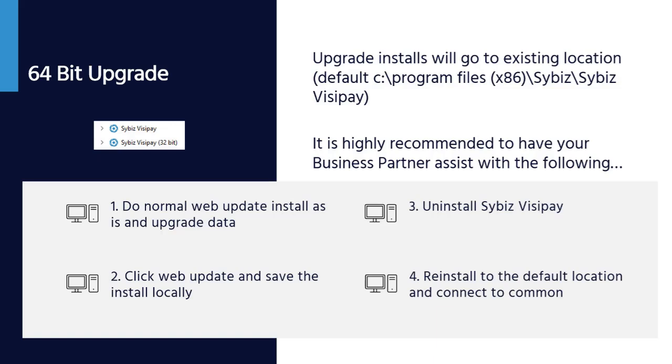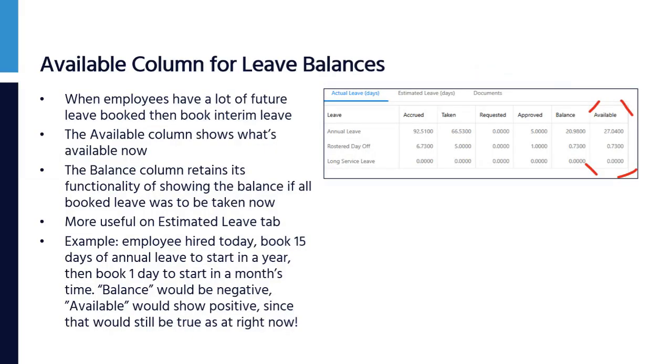And just for completeness, if you are still on a 32-bit operating system, you won't see the 32-bit label, and you won't have the 64-bit version. But having said that, if you do have a 32-bit operating system, the software will still install on that as 32-bit. So apologies for the technical mumbo jumbo for people that has gone over their heads, but that has been the lion's share of the work that has been done with Sybiz VisiPay for version 25.